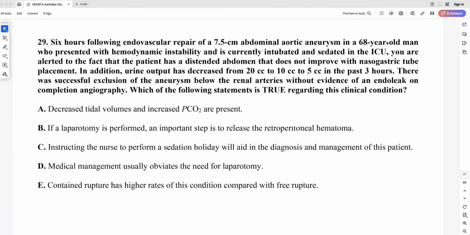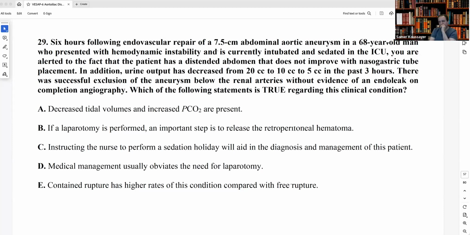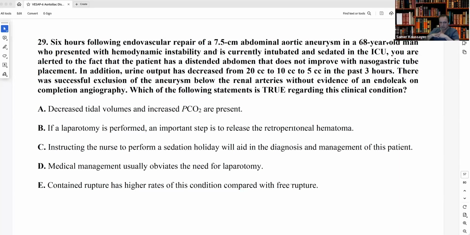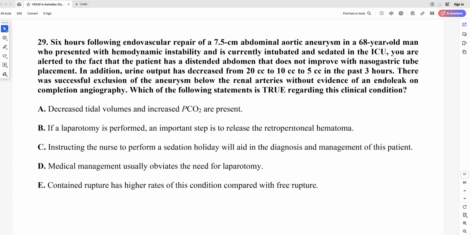What is the clinical condition in this case? Compartment syndrome, correct. How do we diagnose it? The patient came with decreased urine output. But how do we measure the abdominal pressure?